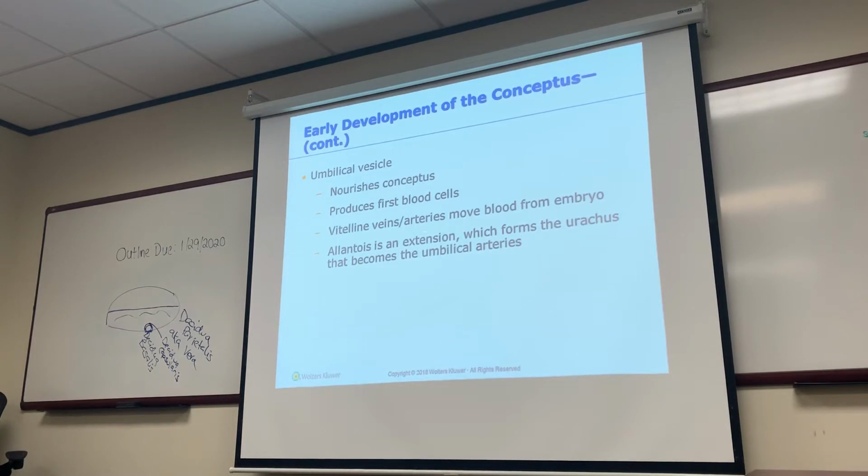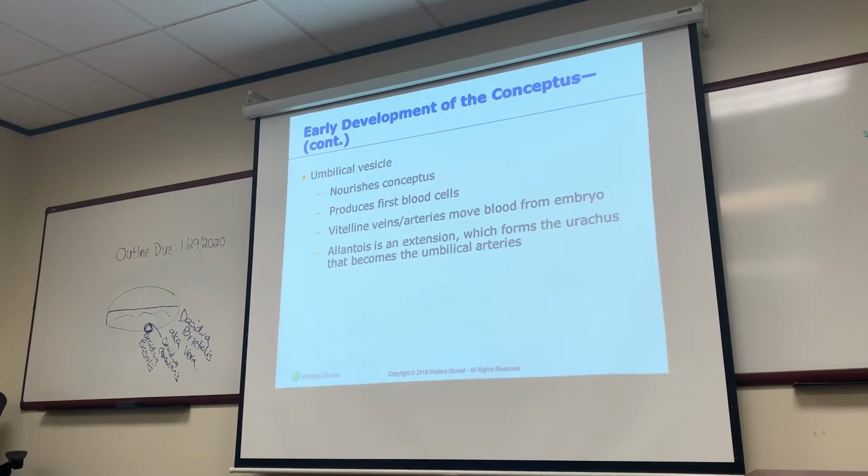The vitelline veins and arteries move blood to and from the embryo. The allantois, it's an extension of embryology, and it forms the urachus. Have y'all heard that before? Urachus?